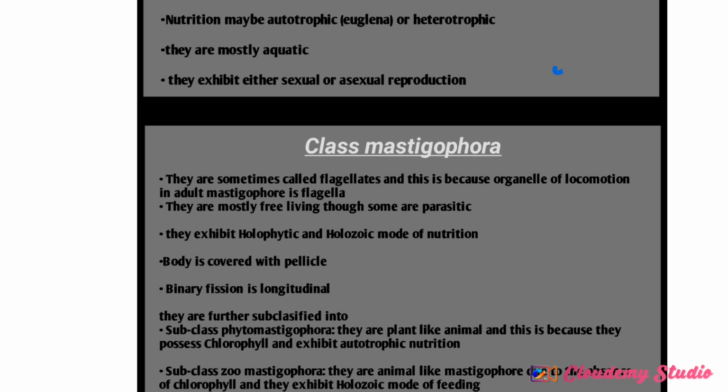Understand? They have a particular shape, and they are mostly free-living, while a few are parasitic. The free-living one is Euglena, and the parasitic one is Trypanosoma. I said they exhibit holophytic nutrition, which means they feed like plants, or holozoic, which means they feed like animals.